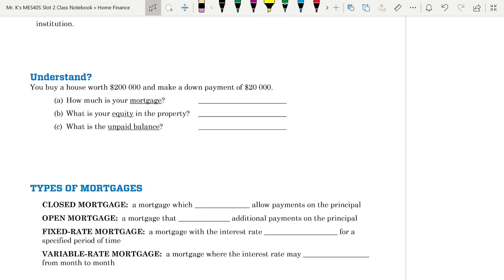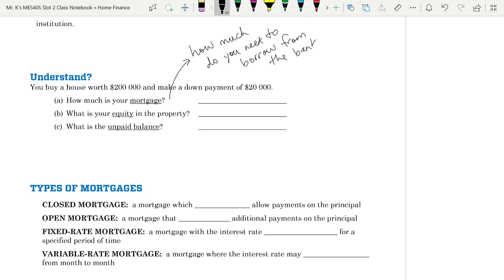Understand, you buy a house worth $200,000 and make a down payment of $20,000. How much is your mortgage? And again, this is like asking the question, how much do you need to borrow from the, I'll say bank.